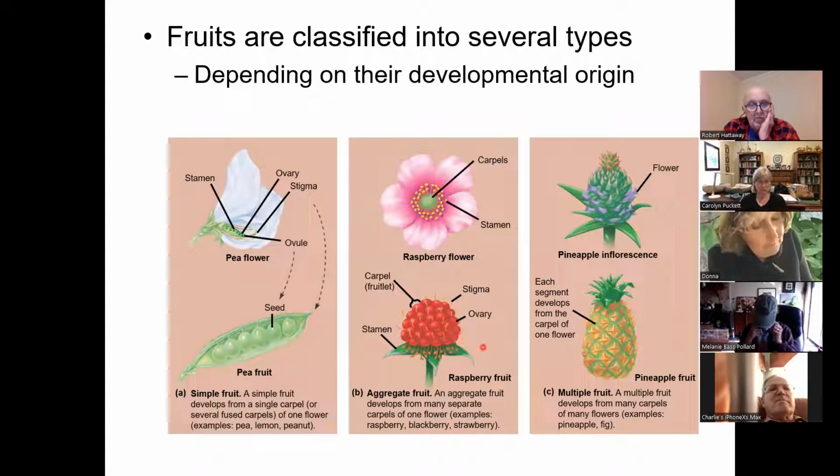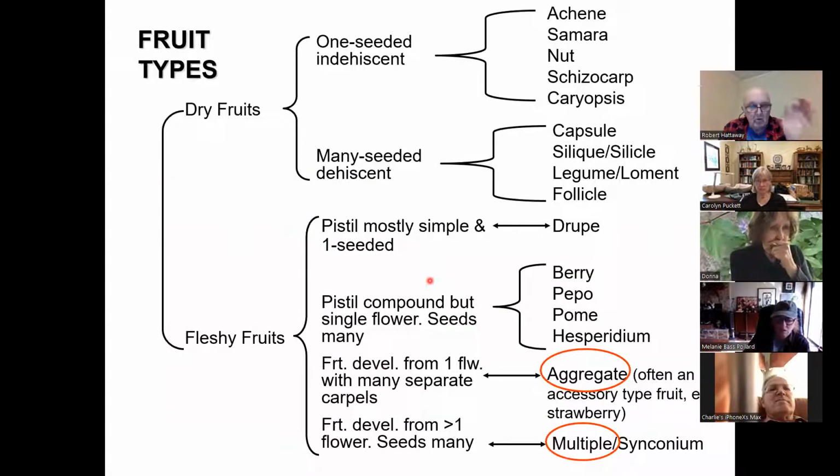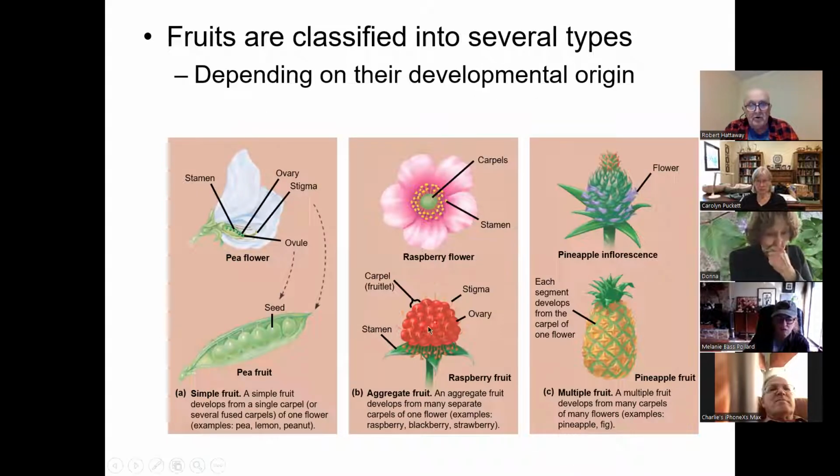They are multiple fruits, but the raspberry, blackberry, dewberry, those are aggregate fruits where you have lots of little separate ovaries in the same flower. This carpel is made up of maybe 40 of these red things, but just when they get mature.